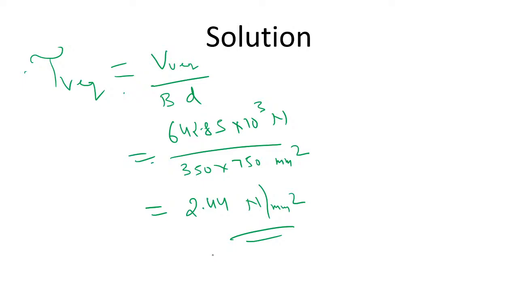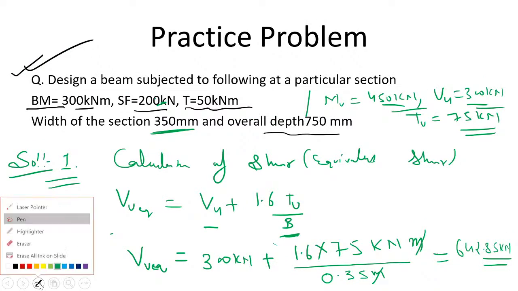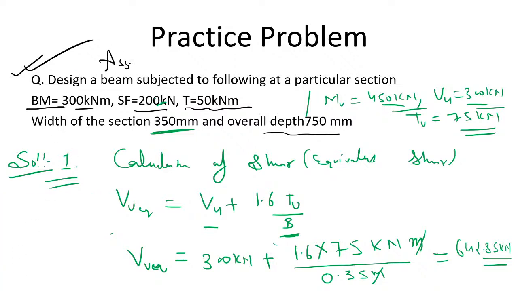It is okay. One more thing. Now guys, listen to me. This 750 is the overall depth, so mistakenly I have used it here. Here I have to adopt the effective cover. So I am assuming, although it is not given, and grades are also not given, the effective cover to be 50 mm.